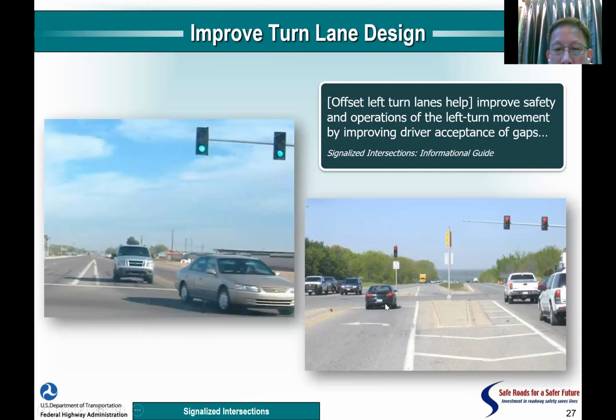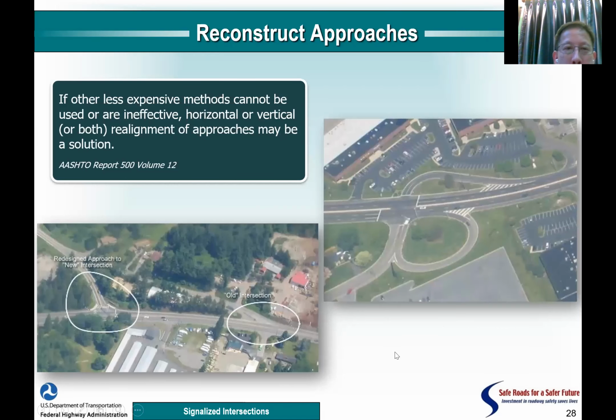So this signal is for the left turn. That's for the left turn. This one has an auxiliary lane, but has no curve.